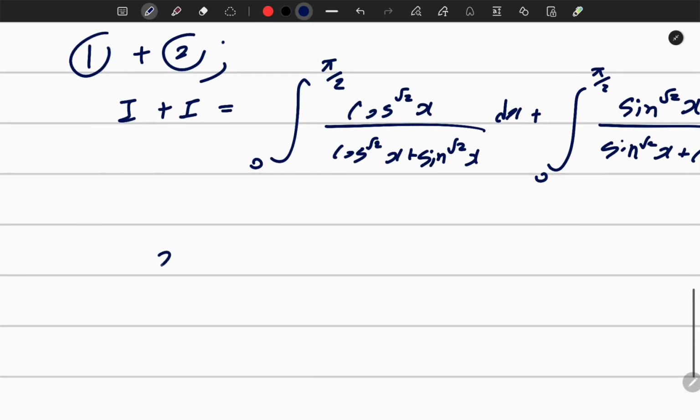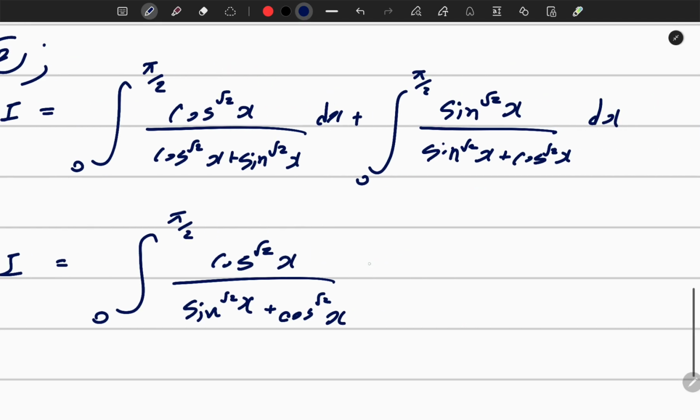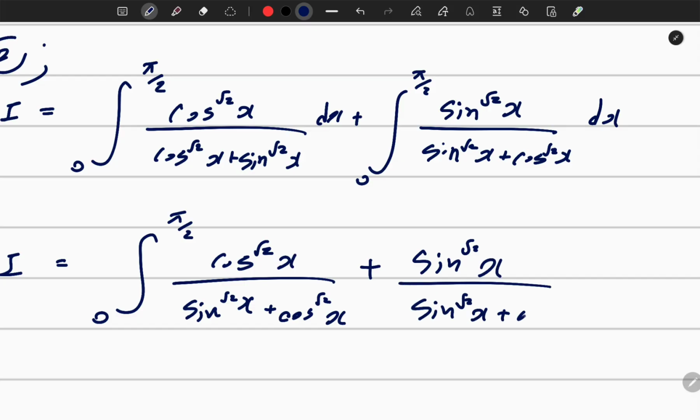I plus I is 2I, so this becomes the integral from 0 to 90 of cos root 2x over sine root 2x plus cos root 2x, plus sine root 2x over sine root 2x plus cos root 2x, dx.